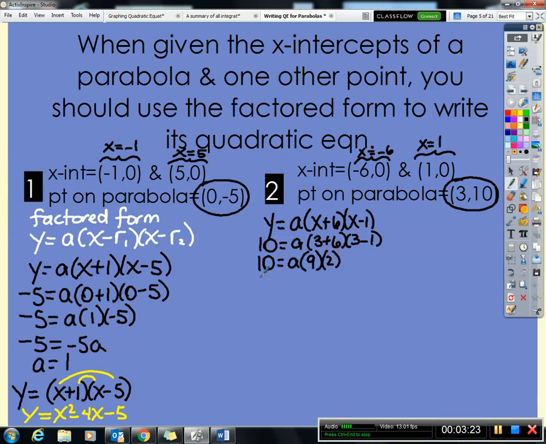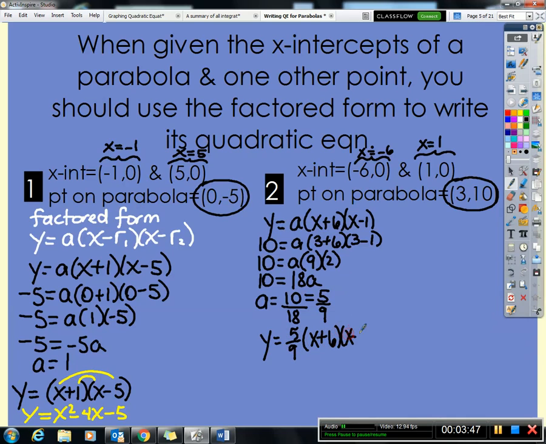So I've got 10 equals 18a. Divide both sides by 18. So a equals 10 over 18. Reduce it, divide by 2, to 5/9. Now you have y equals 5/9 times x plus 6, x minus 1.